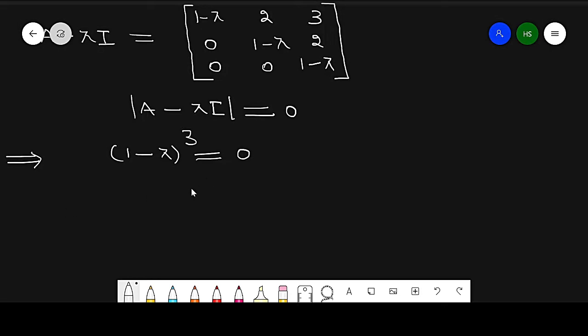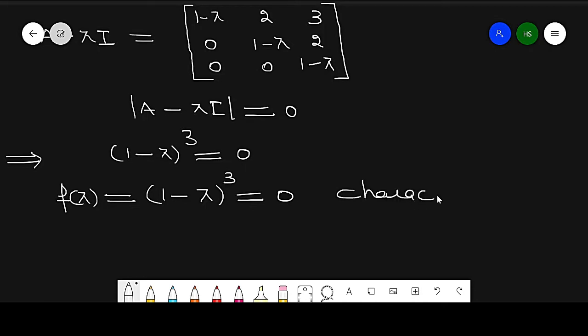If I write the characteristic equation as f of lambda, it is 1 minus lambda raised to power 3 equal to 0. Now simplify it.